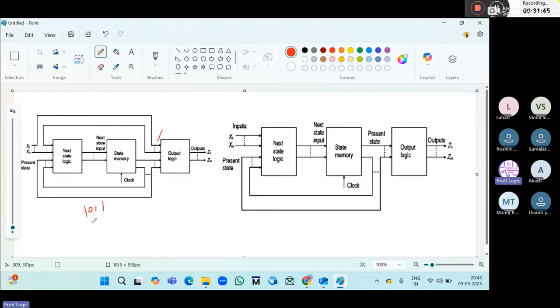State 0, state 1, state 2, state 3. So here we'll get 1. Can you tell me how many states are required for 1 0 double 1 in a Mealy machine, and how many states are required in a Moore machine for the 1 0 double 1 sequence detector?